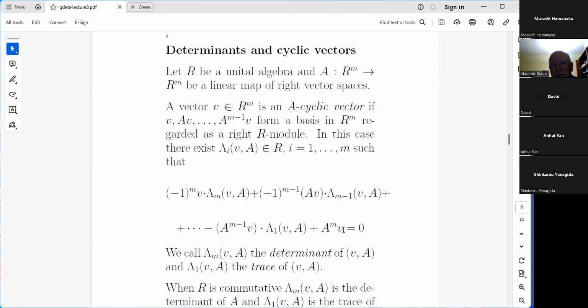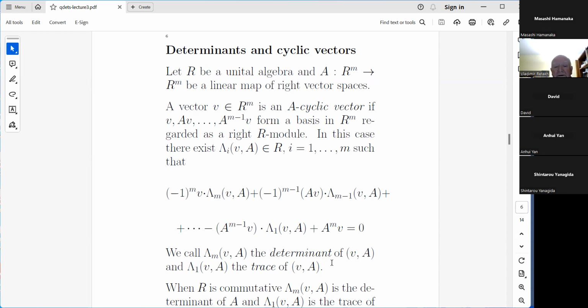What you have here is a non-commutative version of the Cayley-Hamilton theorem. As in the commutative case, the coefficient for V you call the determinant, which depends on the vector v, and the first coefficient, lambda 1, you call the trace.